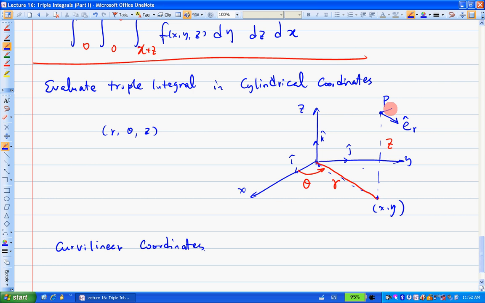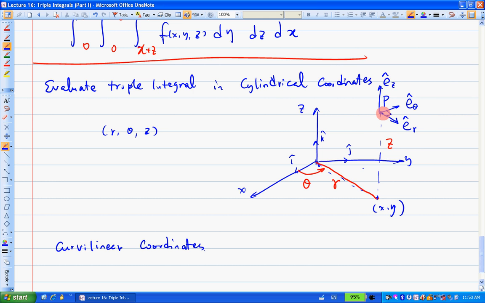And you have another direction here, e_theta hat, in the direction of increasing theta. You can imagine when you increase theta, that vector will be perpendicular to this vector here. And e_r and e_theta together, using the right-hand rule, give your e_z.